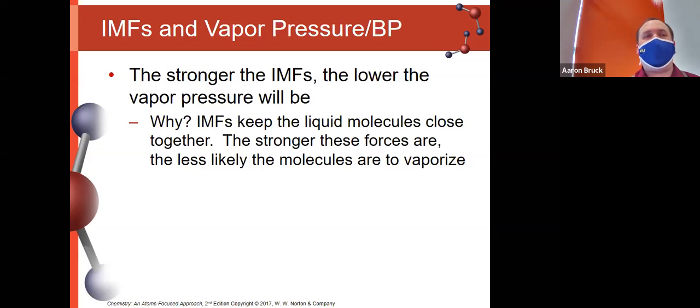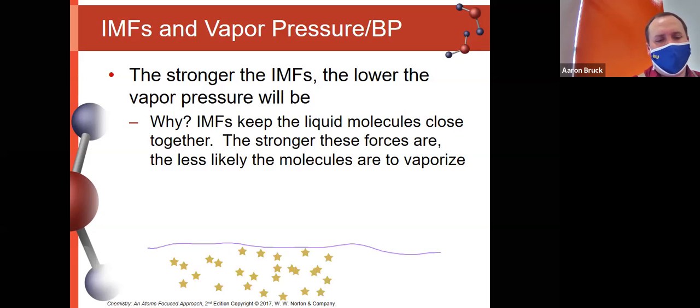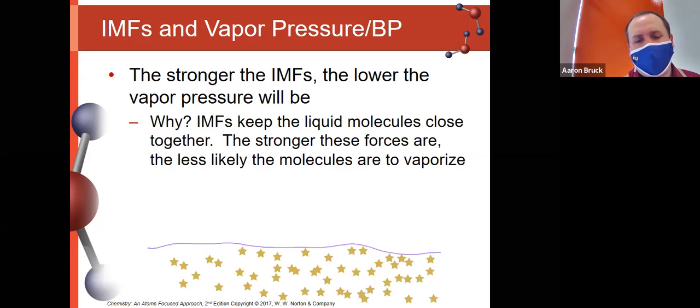Because remember, for vaporization, I have to literally take a liquid sample that is full of all of these molecules, and provide it with enough energy to take one of those molecules and turn it into a gas.